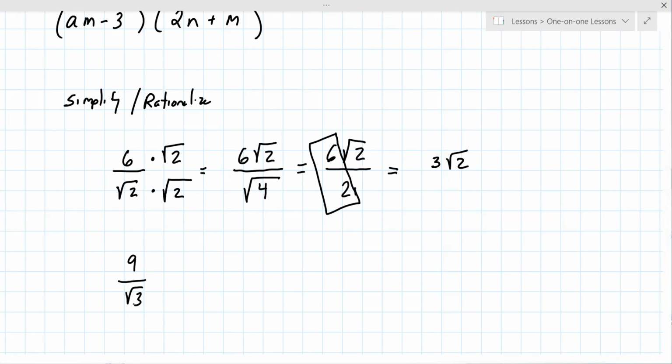Give this a try on your own, please. 3 square root 3.